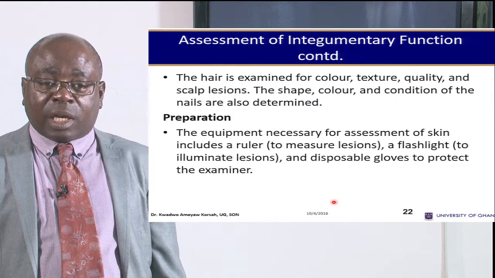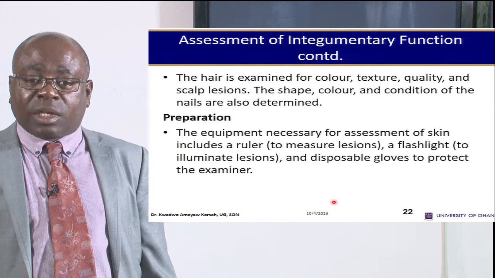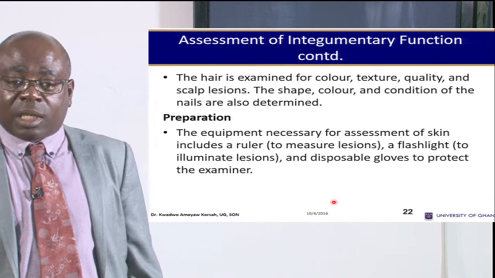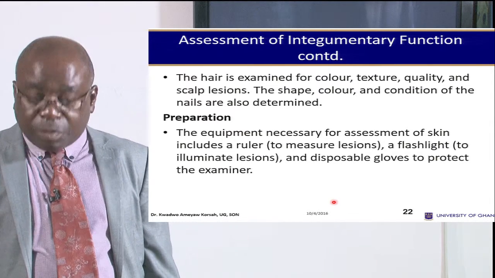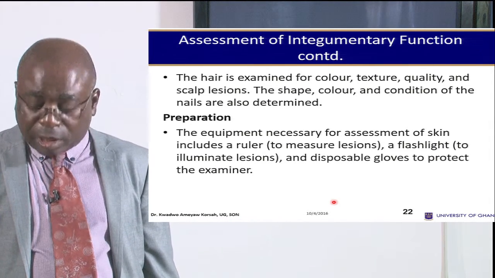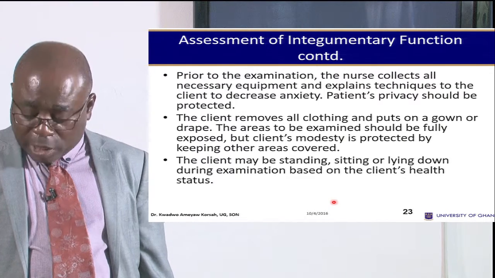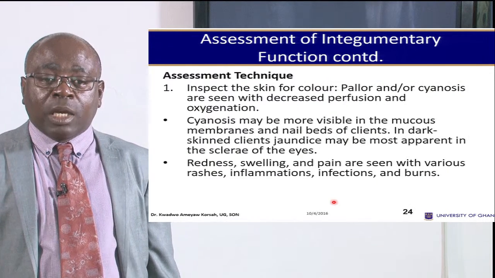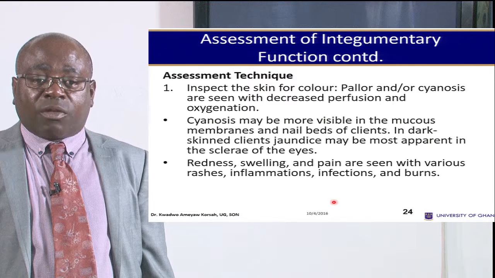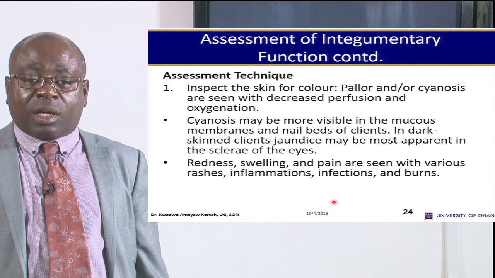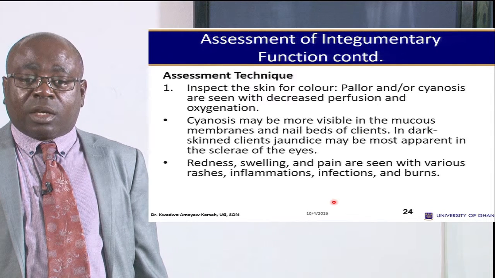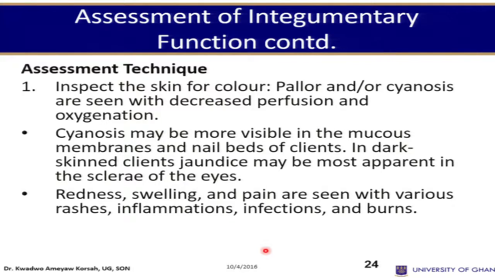So as we go forward, we have to remind ourselves about the types of lesions that are usually seen on the skin. For preparation, we need to have all the things available for the assessment. Inspection is one of the major techniques, and here we look for color, cyanosis, whether the patient is anemic, or if there is pallor.